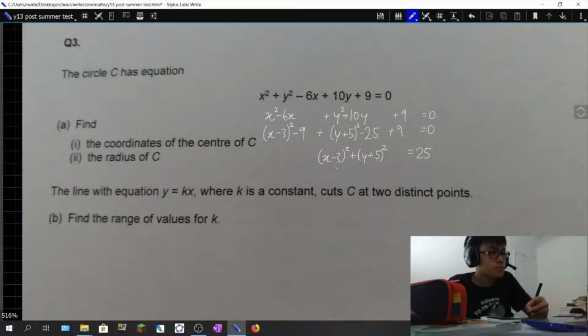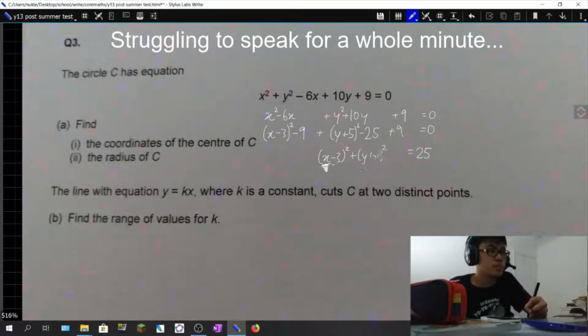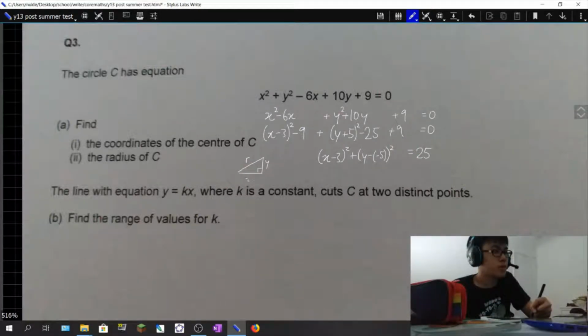So this means, imagine this as Pythagoras' theorem. If you take the square root of both sides, that looks like a Pythagoras theorem thing. You're looking at distances. So say you have 3 here and negative 5.